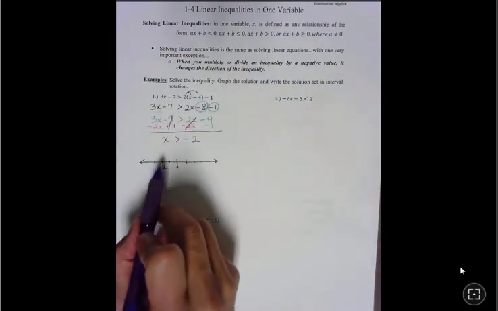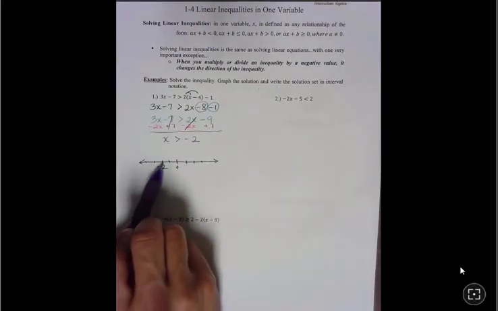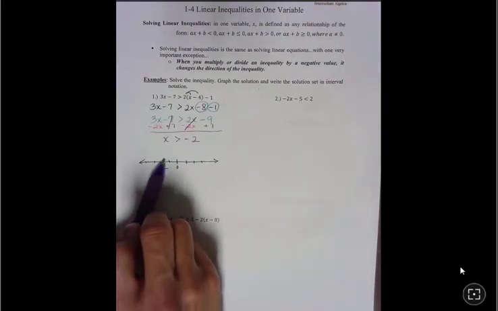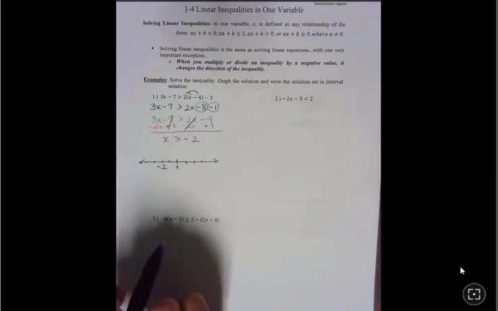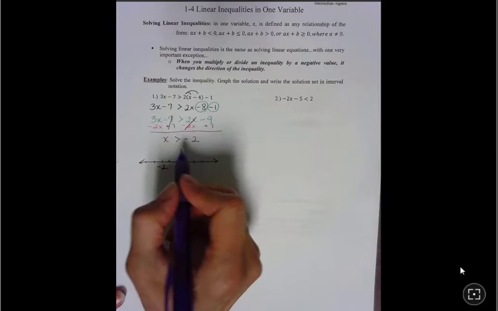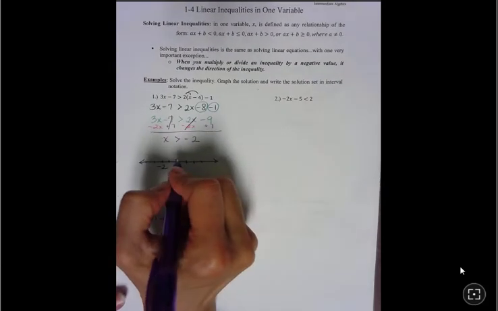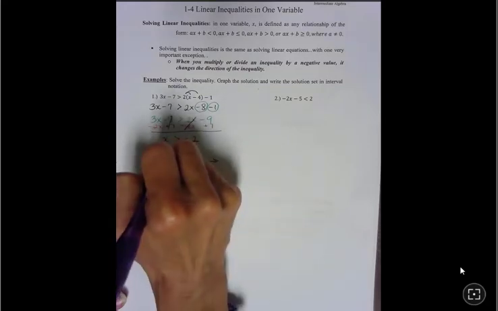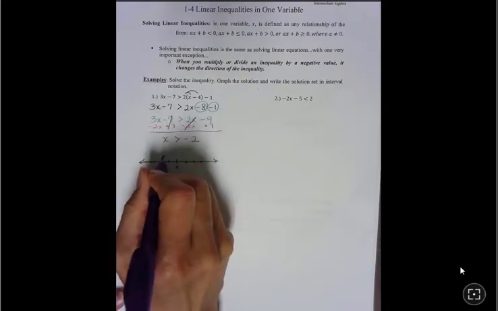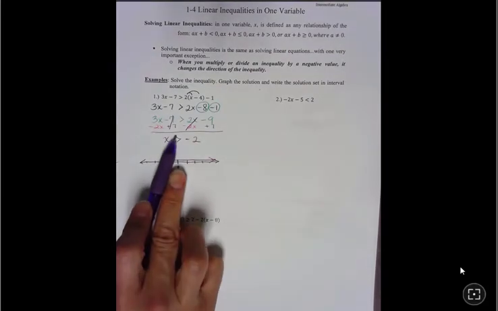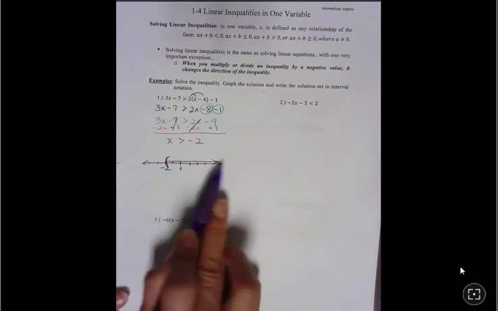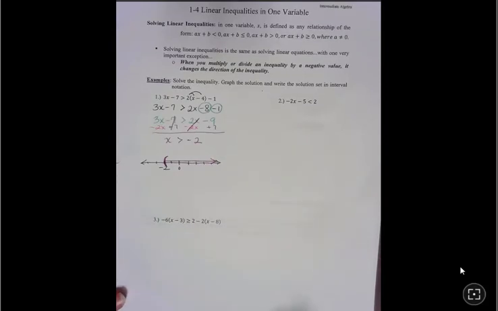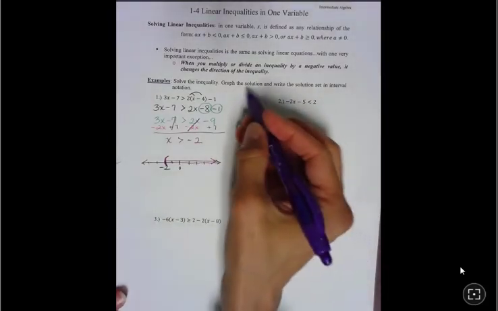If we're doing an open circle, we can simply put the open circle and then worry about determining which direction our arrows go. If we're using the parentheses, we want to make sure we know that our shading is to this side, so that we can make the appropriate parenthesis and then shade. Typically, if your variable's first, then this inequality symbol will match the end point of your arrow. Okay, so that's the second piece, graphing.